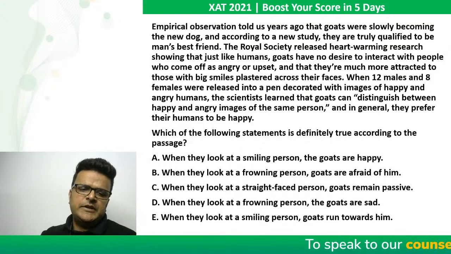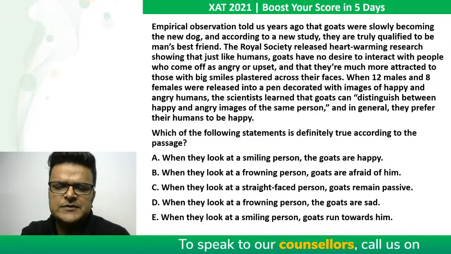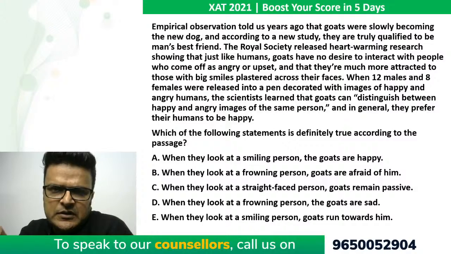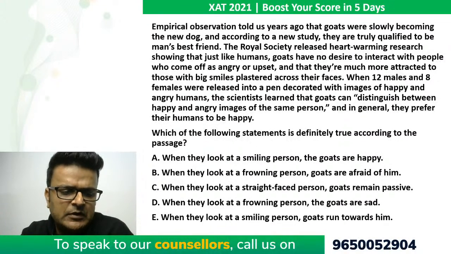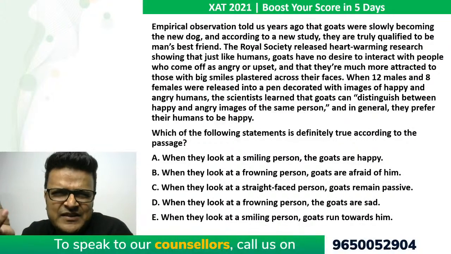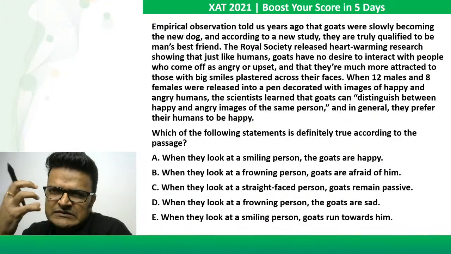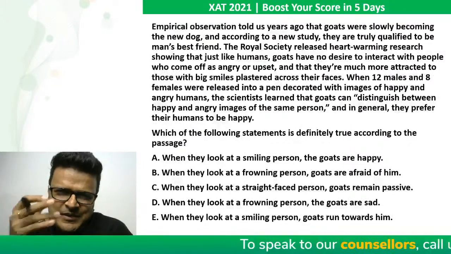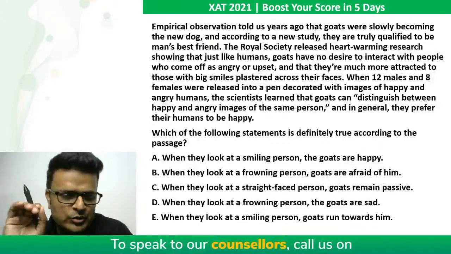All right, everybody. Yes, excellent. Excellent answer. Can you imagine that this question is from the 2019 XAT paper, right? Frowning is making an angry face. Something like this. Okay, I'm very bad at it, I made a very bad face here, but I hope you got the point, right?